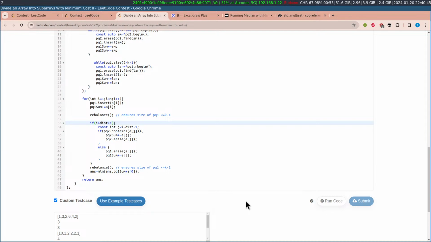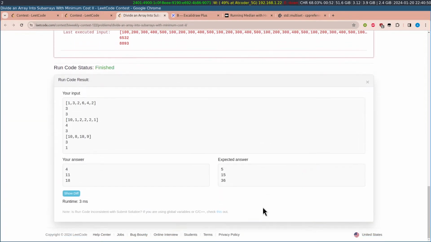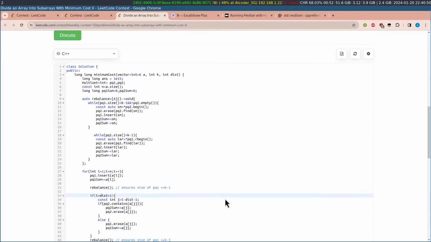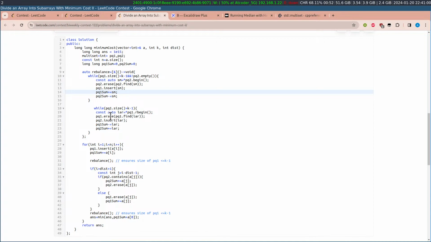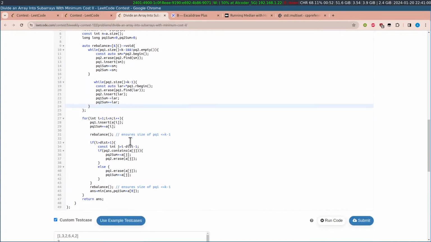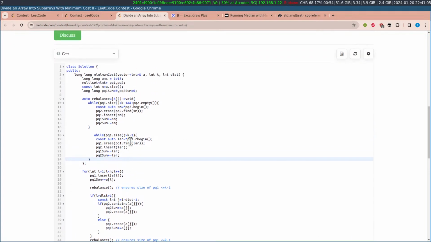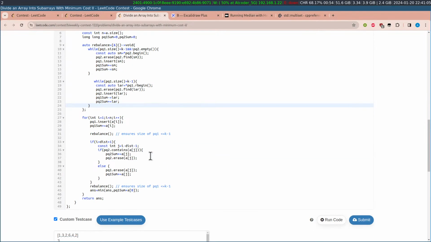Yeah. Here I am erasing the element, so I should subtract instead of adding.